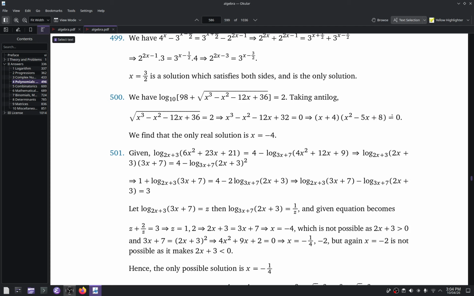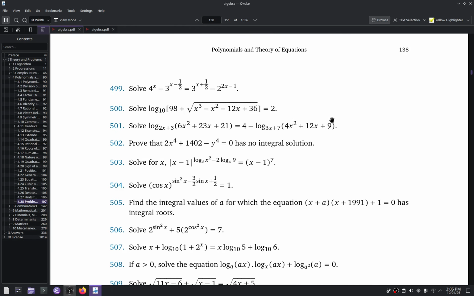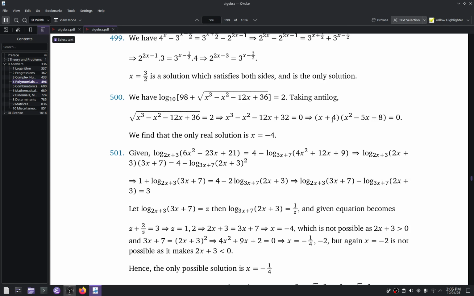And once it becomes a complex root, this entire thing will remain 0. This will become 4, sorry. Usually logs don't deal with complex roots, but if you put complex roots, it will become 4.